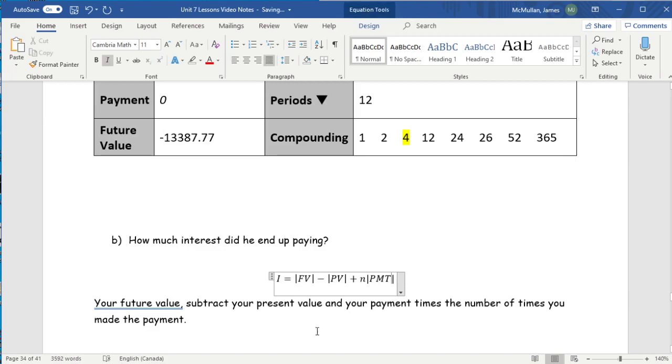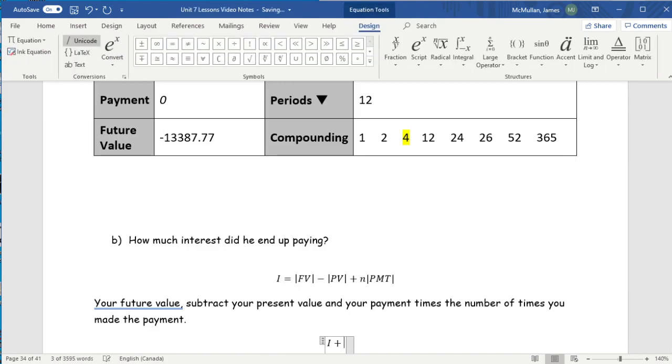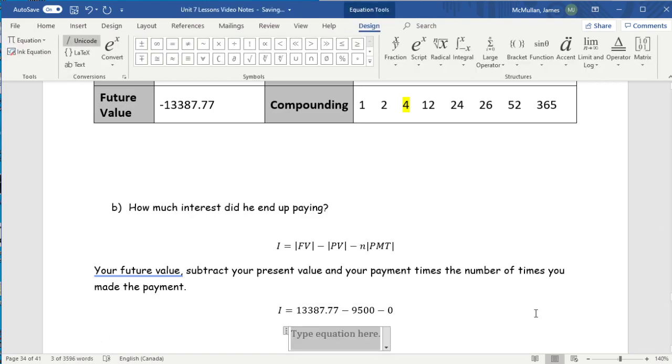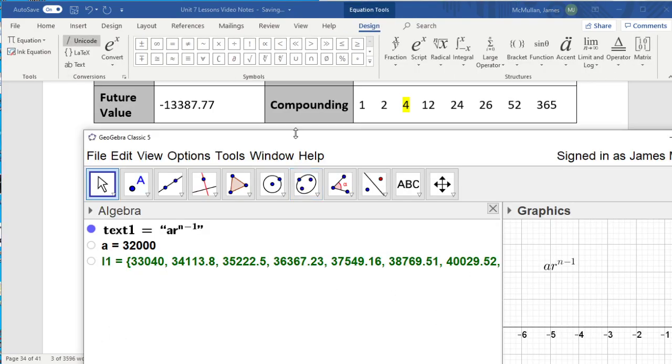Now, for our question, we don't have a payment yet. So the future value, he owes this much. He only borrowed this much, and there was zero. Sorry, that should be subtraction. Payments. So I'm just going to put a 0 there. I'm really doing this just for where we're about to go. You don't need it yet. Okay, so we get the answer that we just have to subtract the two.